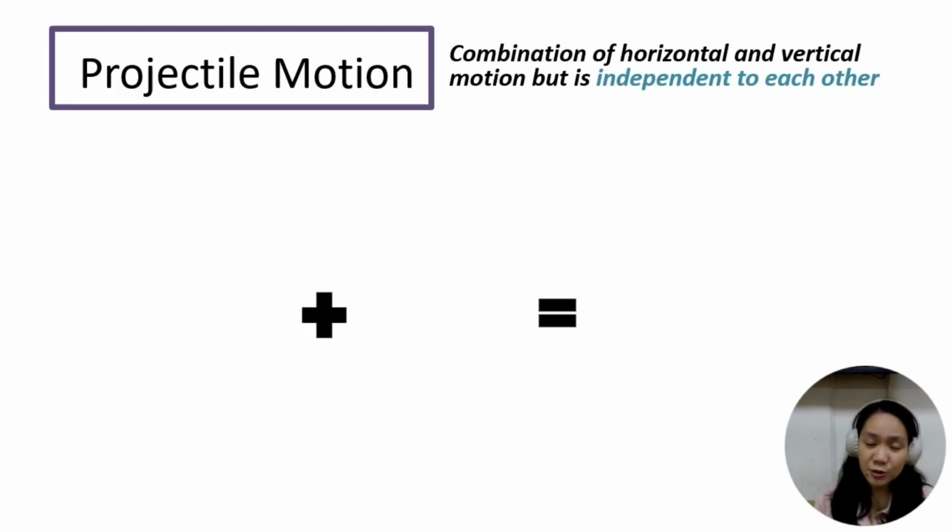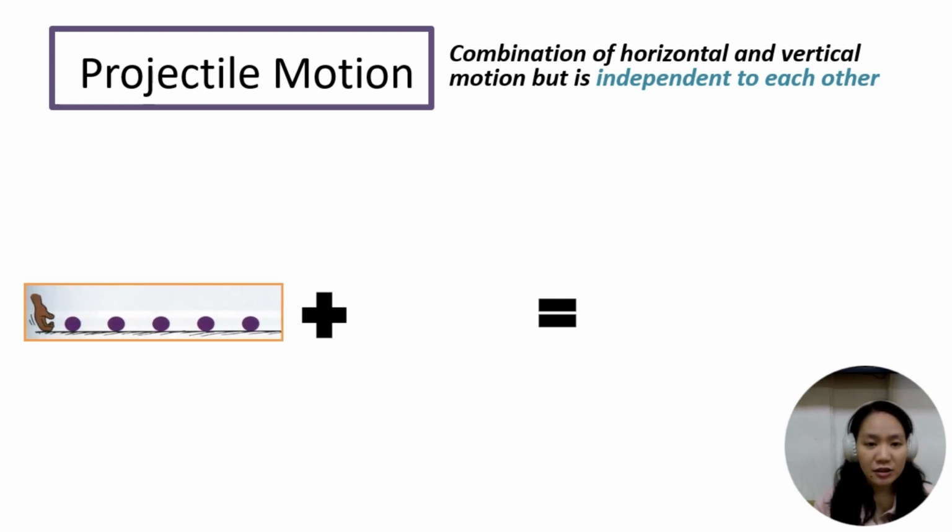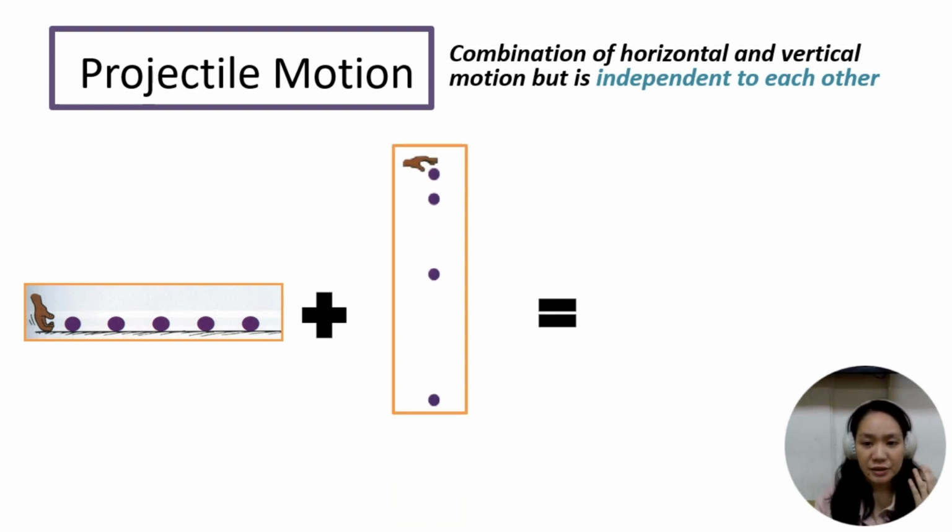Projectile motion is actually the combination of horizontal and vertical motion, and these motions are independent of each other. Along the horizontal, what happens is uniform motion with zero acceleration. Along the vertical, what's happening is free fall with a constant acceleration due to gravity.